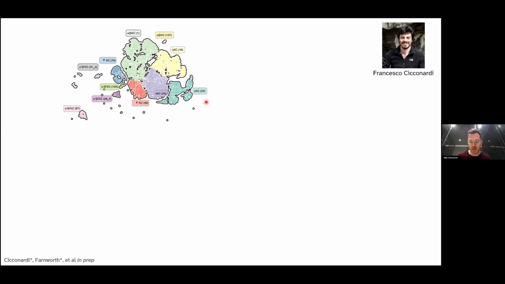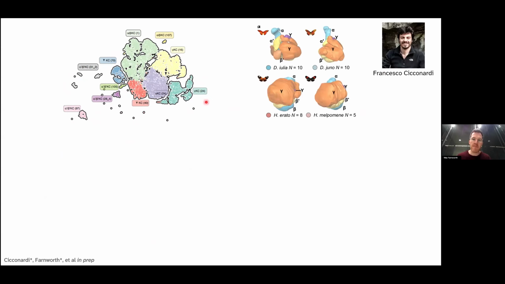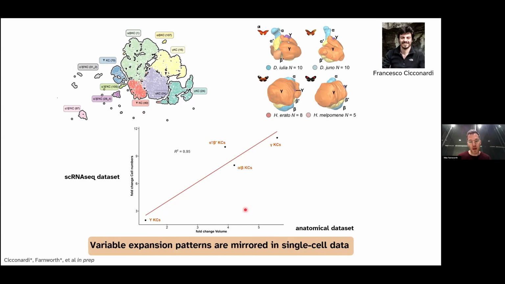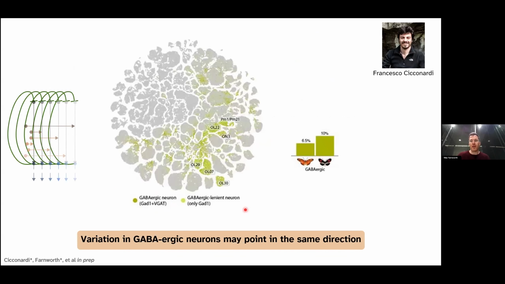All these different colors correspond to different Kenyon cell types. And this actually mirrors my anatomical results. So if we correlate, for example, a fold change of cell numbers from the single-cell data set with the fold change of volumes that I just explained to you, we have a high correlation. So one mirrors the other, and this is quite cool, and obviously also internally confirms one to the other.